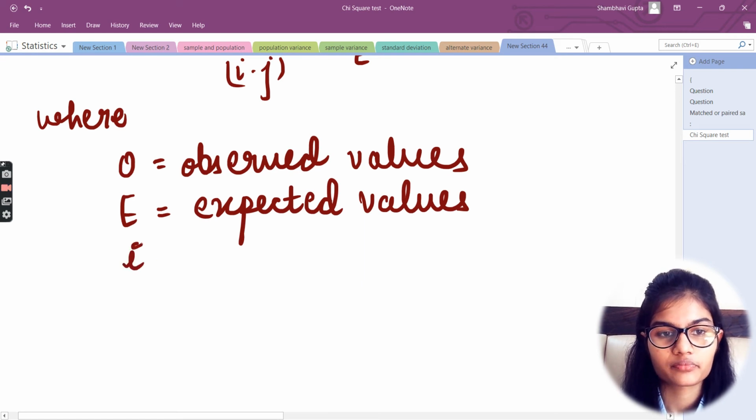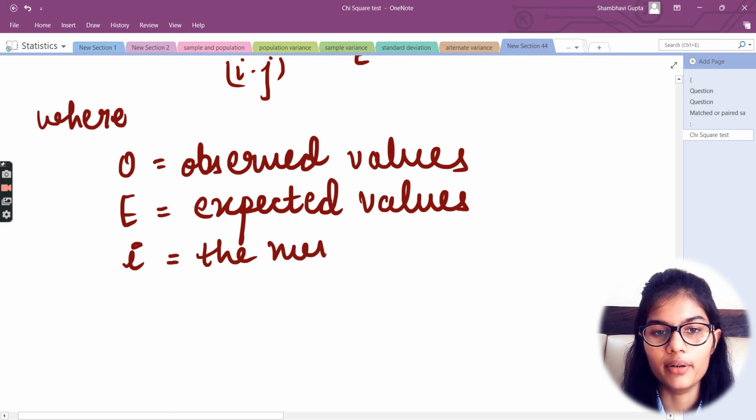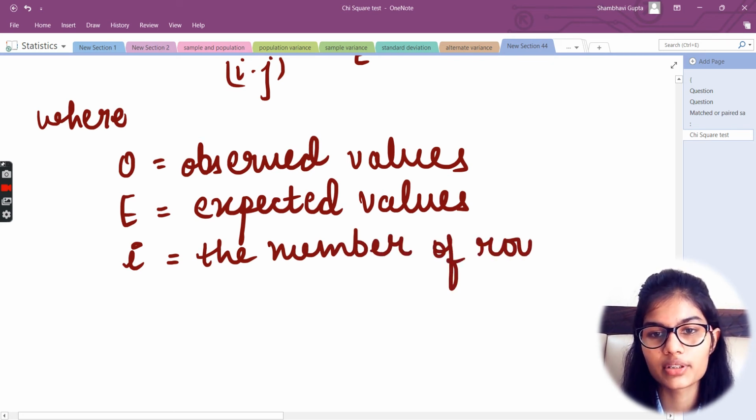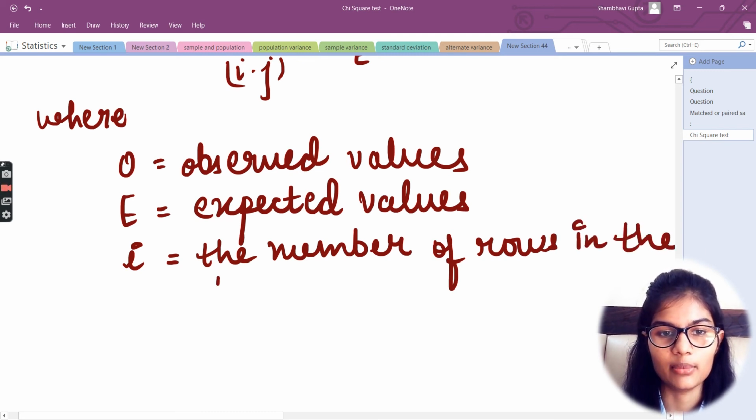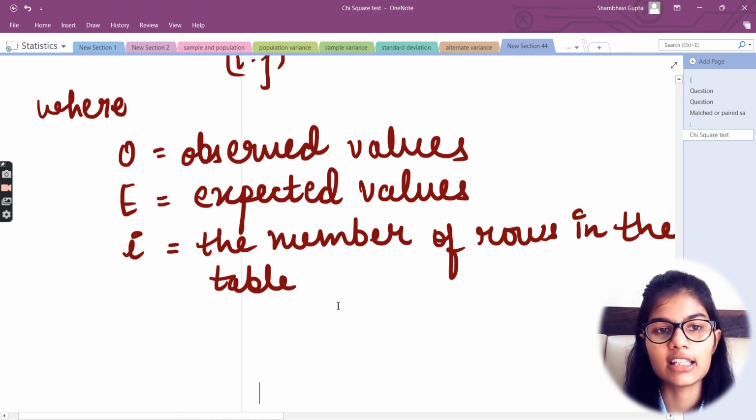What is the small i? The small i is the number of rows in the table.